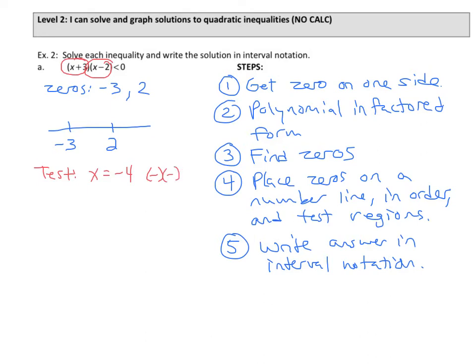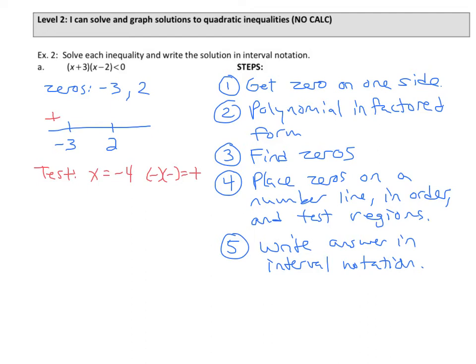And when I multiply a negative times a negative, I always get a positive. So in this region to the left of -3, I will have positive y values, or positive values for the function. That means the graph is up above the x-axis on that interval from -infinity to -3.